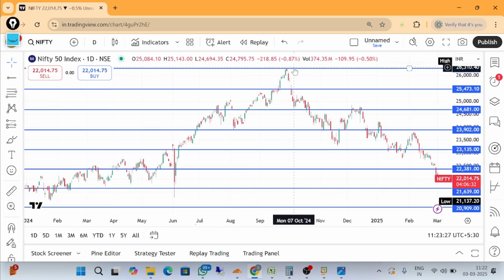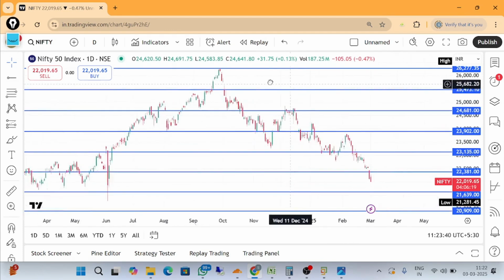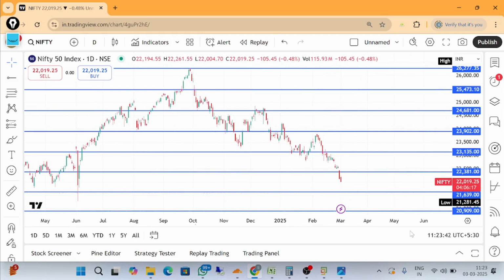See, this one is the top, this one is your 45 degree angle, this one is your 90 degree angle. It went from 90 to above and again it fell down. Again it retested the 90 degree angle and it just went down. Nifty is at 22,020 right now. I'm expecting this. Let us see what will happen.